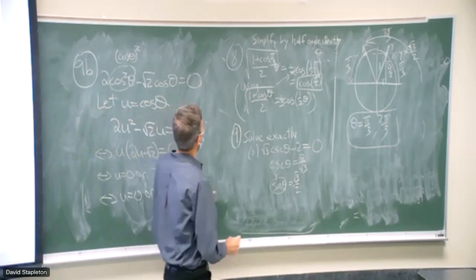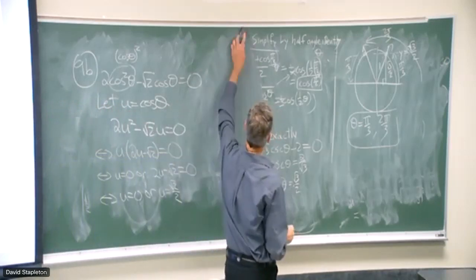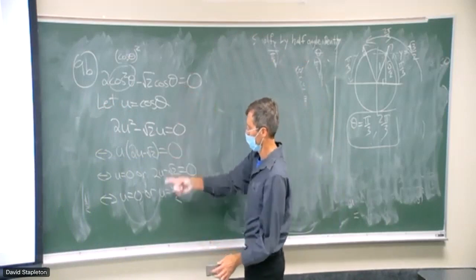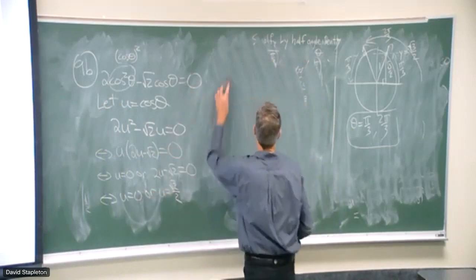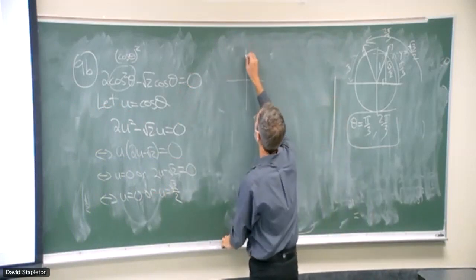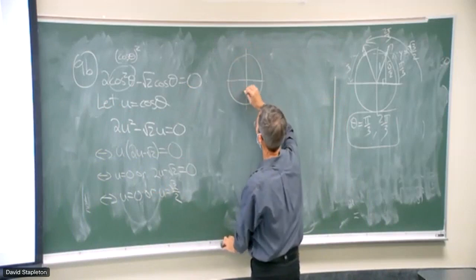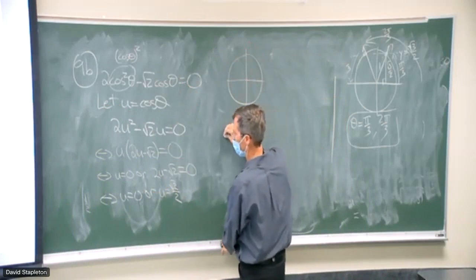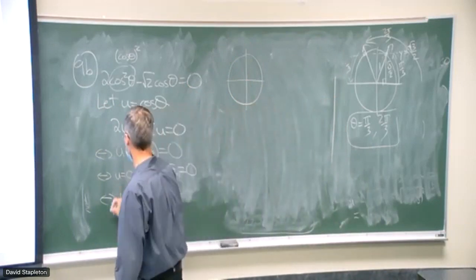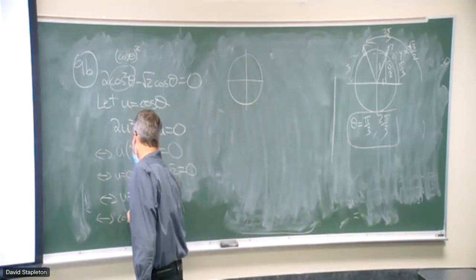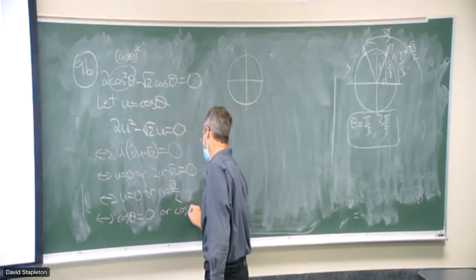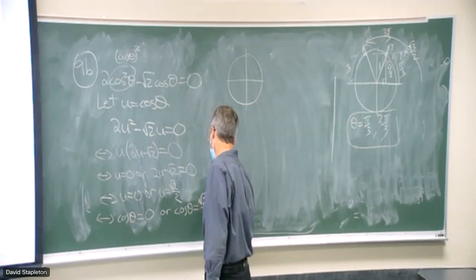So now I have 2 unit circle diagrams, one for each case. This original equation is completely equivalent to these two, right? And then I can solve each on the unit circle. The first case, I have u equals 0. Let's rewrite this. u was cosine theta. This is cosine theta equals 0, or cosine theta equals square root 2/2.